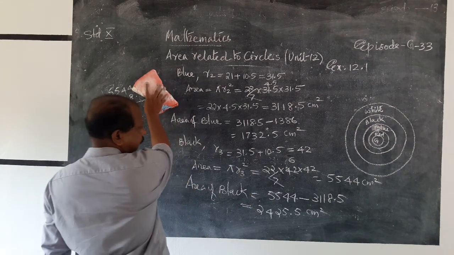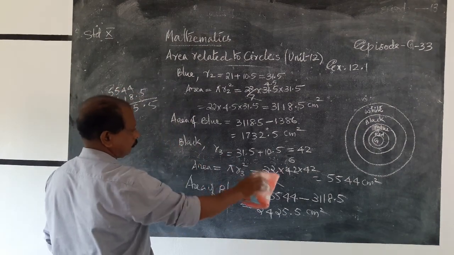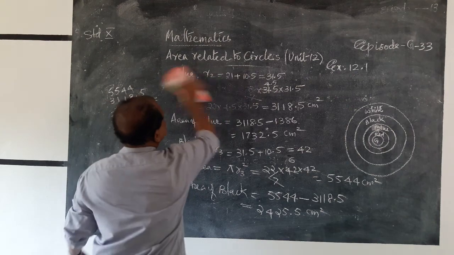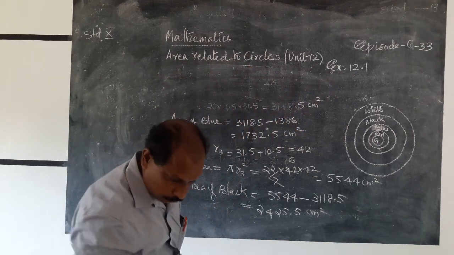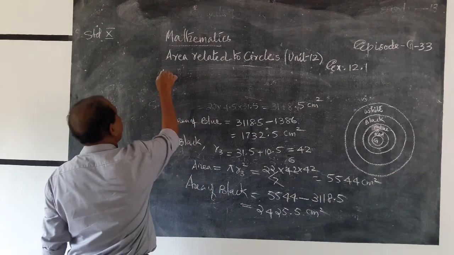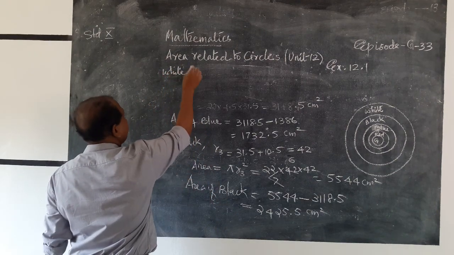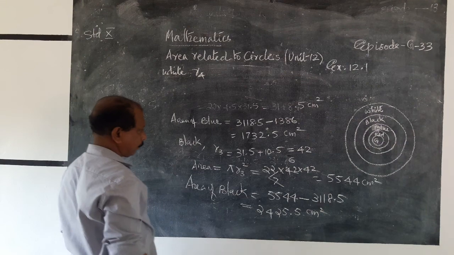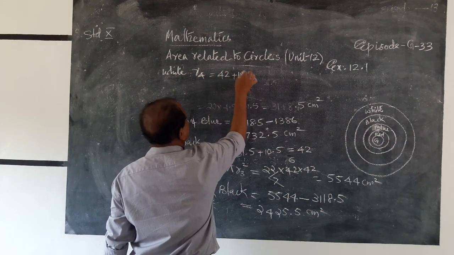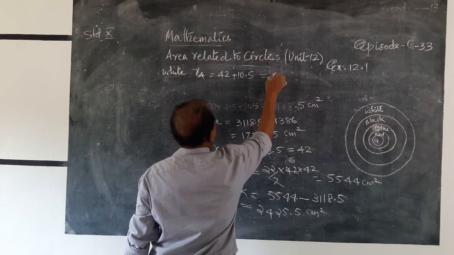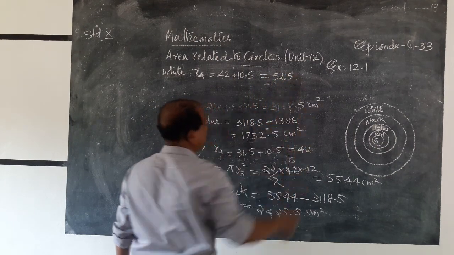Then for white, r4 is equal to 42 plus 10.5, which is equal to 52.5.